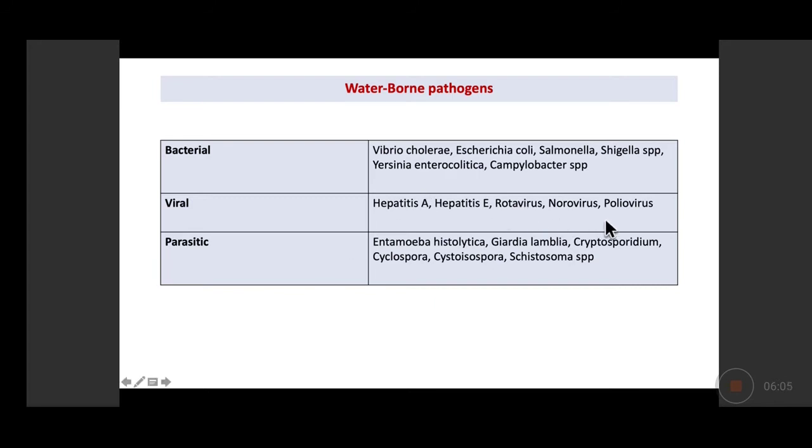And then enteroviruses, especially the poliovirus, right? Then there are parasites, you know them, Entamoeba, basically protozoa and helminths, which can spread through contaminated drinking water. So all this you must be knowing. So this is basically a broad list about the various waterborne pathogens.